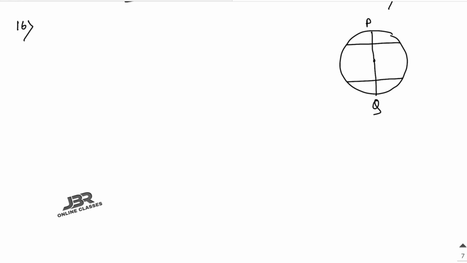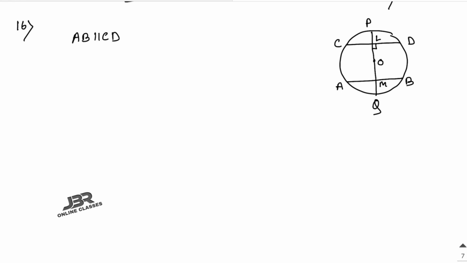Here the two chords, two parallel chords. So here AB and CD are two parallel chords. That one here O, that point here L, and that point here M. Definitely OL perpendicular, and here also OM perpendicular. So here given chord AB perpendicular to CD.